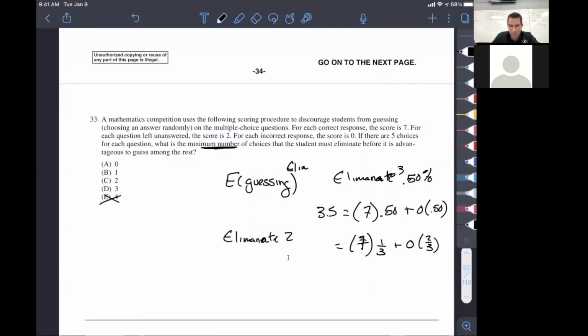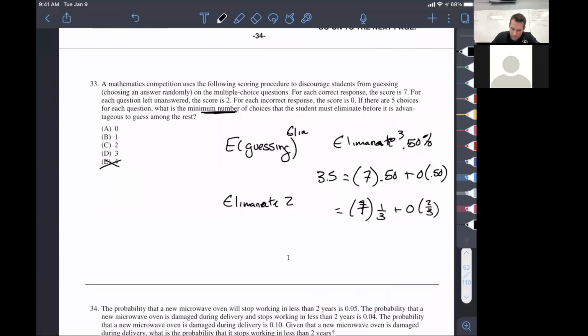Well, this should still be a positive number. So the expected number of points you would get for strictly guessing eliminating 2 would be 7 times 1/3, which is 7/3. So that's 2 1/3. That's your expected number of points from guessing.